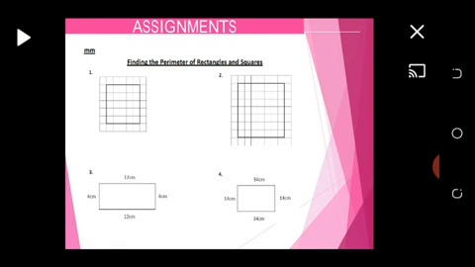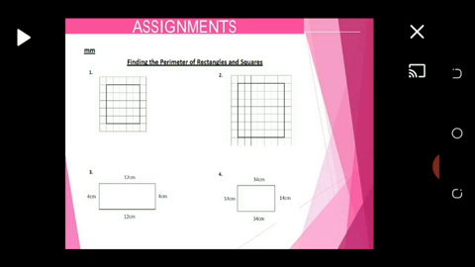Now, this is a shape. These are given shapes. Find the parameter of a rectangle or a square. And this one is in millimeter. One thing you will do here is go and check in your exercise book. At the back of your exercise book, you may have the conversion between centimeter and millimeter.